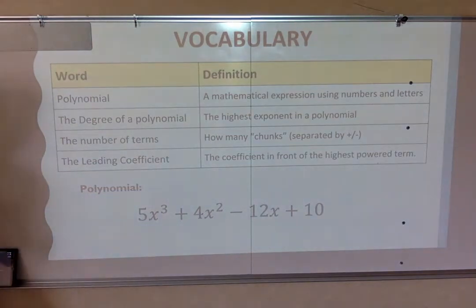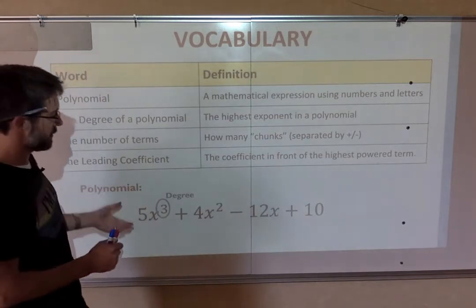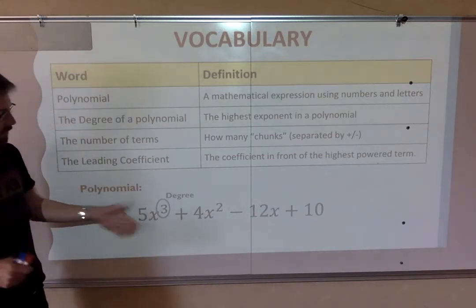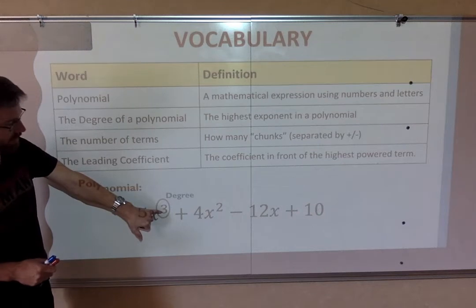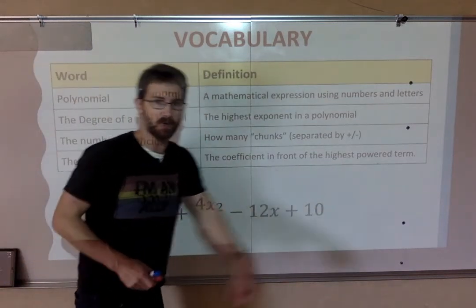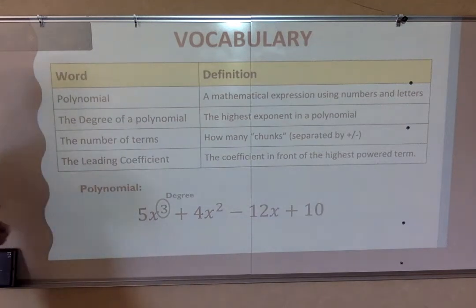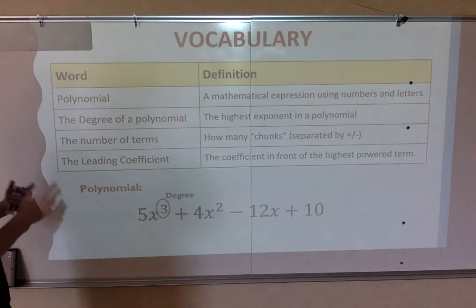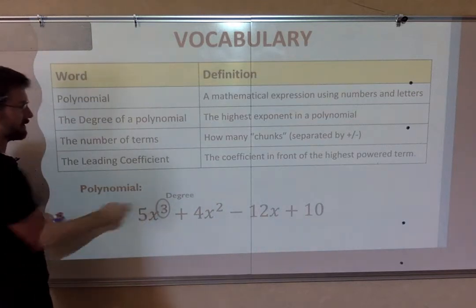All right, the degree of the polynomial is the highest exponent. Now this is in what's called standard form because the highest exponent is first, then the next highest, then the next, and then the lowest exponent where there's no exponent down there. So the highest degree, or the highest exponent, that is the degree. So this has a degree of 3.